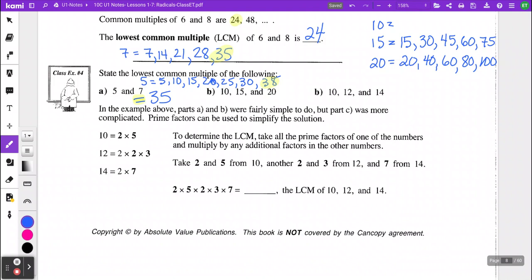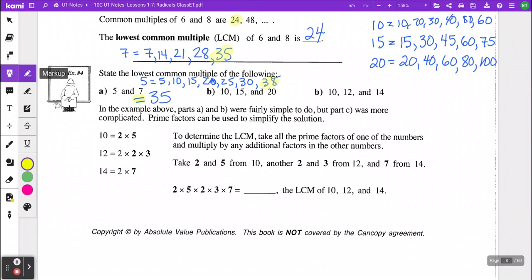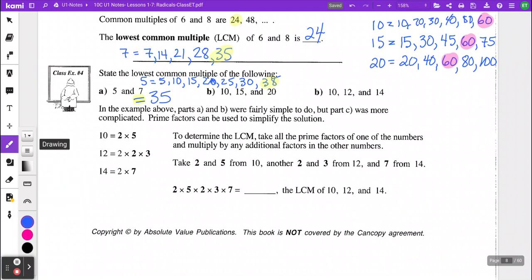Can I make a 10 become 60? Yes. So I can go 10, 20, 30, 40, 50, and 60. So now I do come up with my common number. I found 60 in all the lists. So my common is 60 for B.